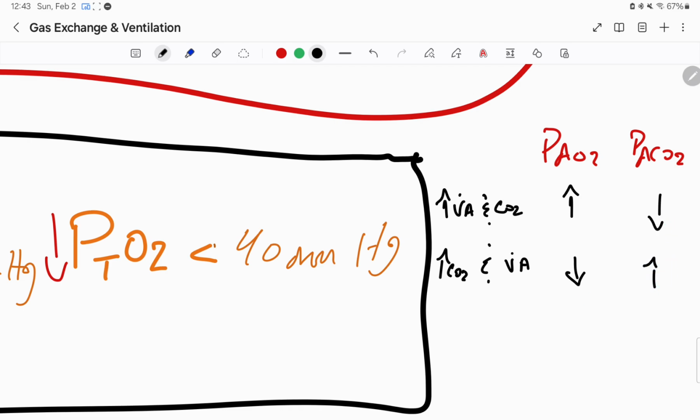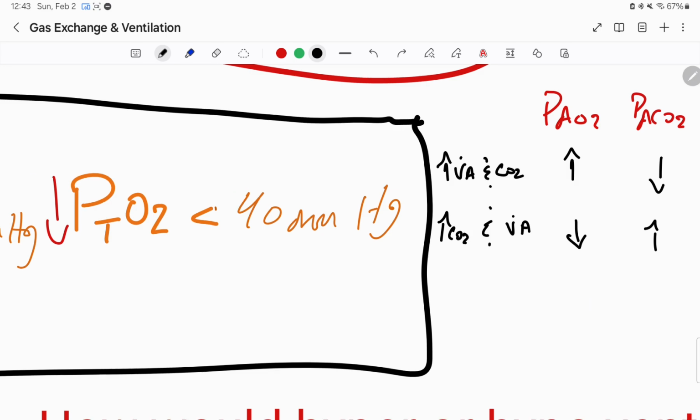Why? Because your metabolism is high. Maybe this would be better if I said metabolism, but either way, this would be the scenario. And I'm not going to talk about hyperpnea because that's just going to be equal metabolism versus equal ventilation.